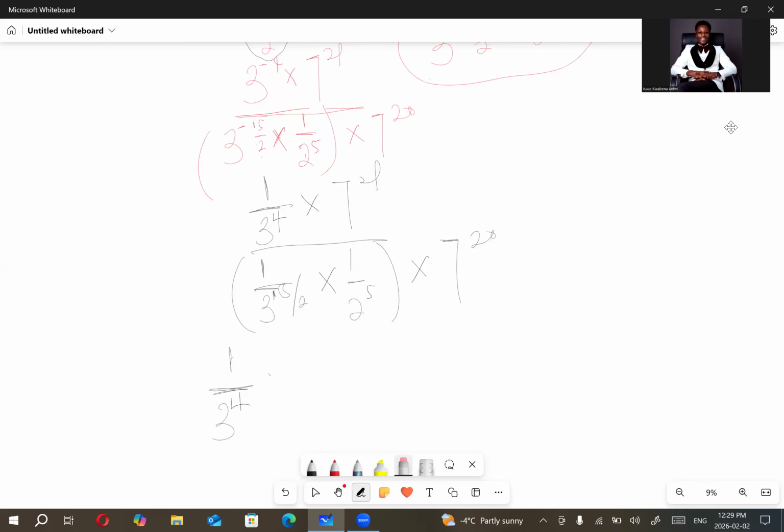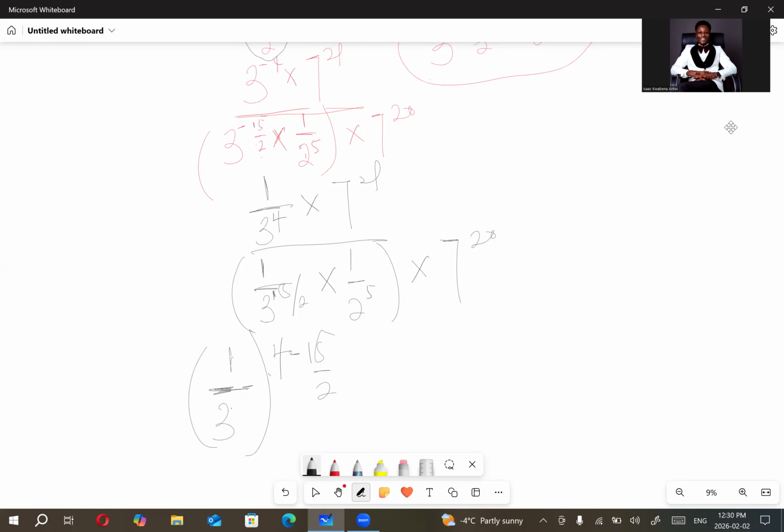So I believe you see the bases are the same, so it's safe to assume that 1 over 3 throughout. So that'll be 1 over 3 exponent 4 minus 15 on 2. When we are done, we'll check from the calculator to see.